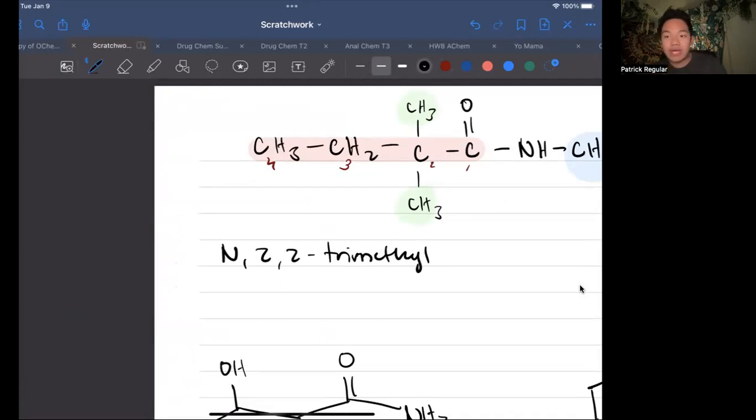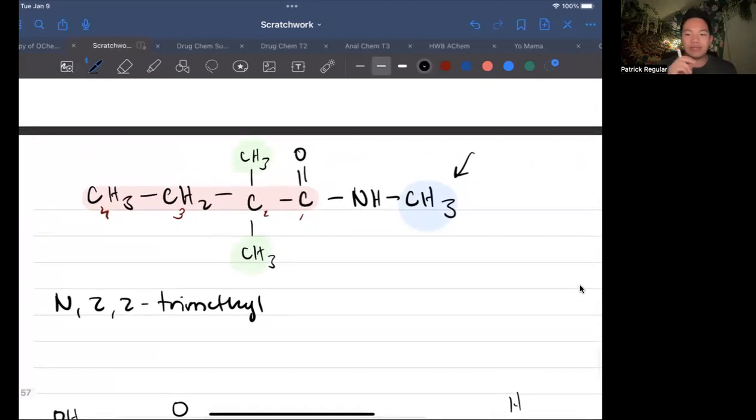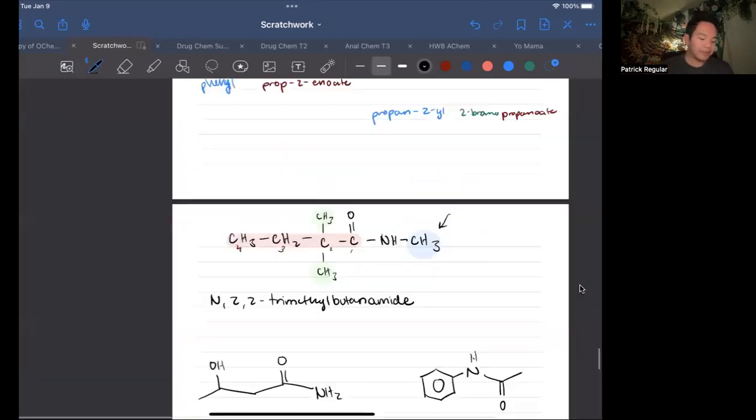It would not be 2,2,N. It would be N,2,2. Weird, nitpicky rule, I know. I'm sorry. Don't hate on me. So I've identified the accessory chain on the amide and I've identified the branches. Now all this up is the parent. So the parent I know is a butane, but I dropped the E and the suffix is now amide. Butanamide. That's it. So this is my answer.